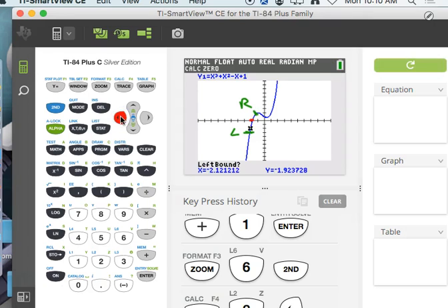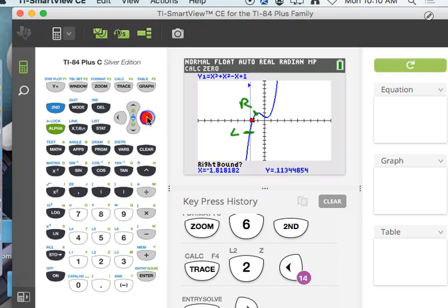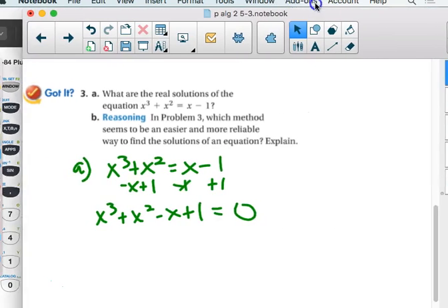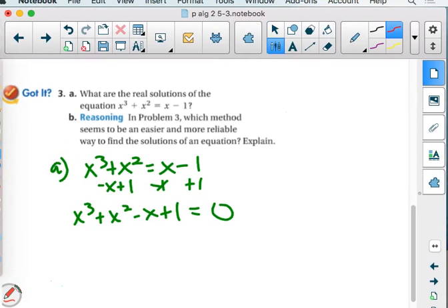Left. Enter. Right and above. Enter. Enter your guess. Negative 1.84. That's the only real zero that we get. The other two are imaginary. Negative 1.84.